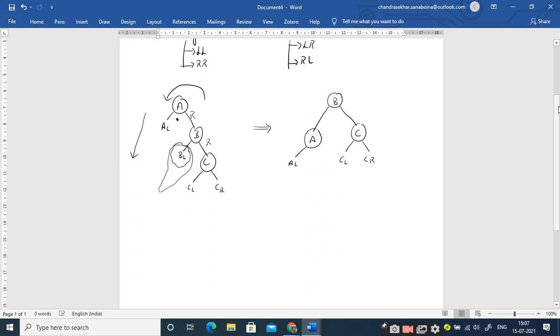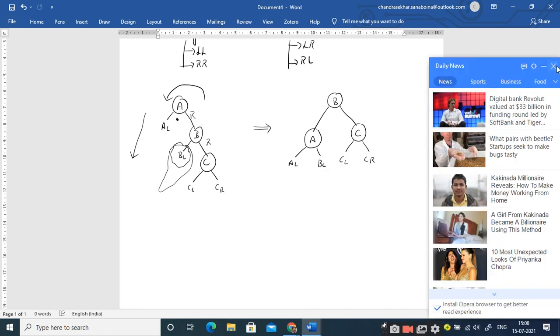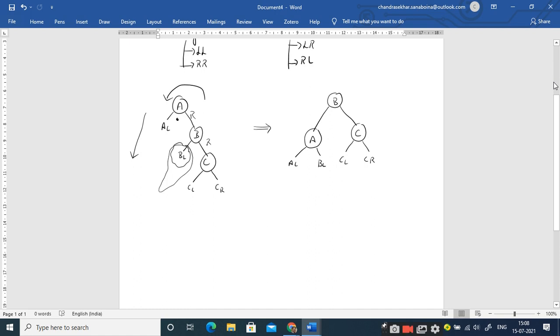I know that all the elements in this BL are greater than A, because they are placed as the right child. So can I place it here, or does it violate any property of BST?